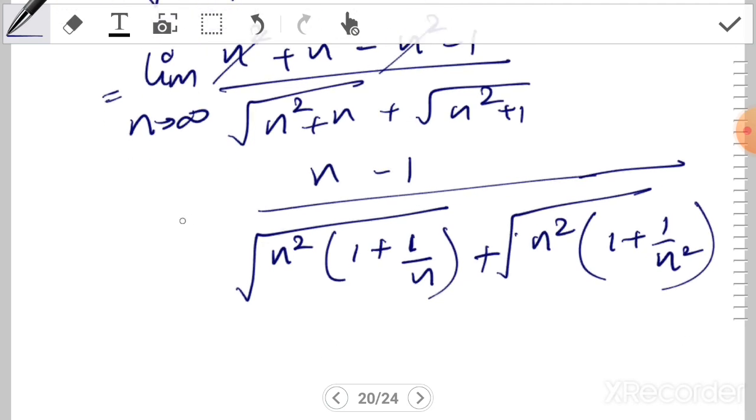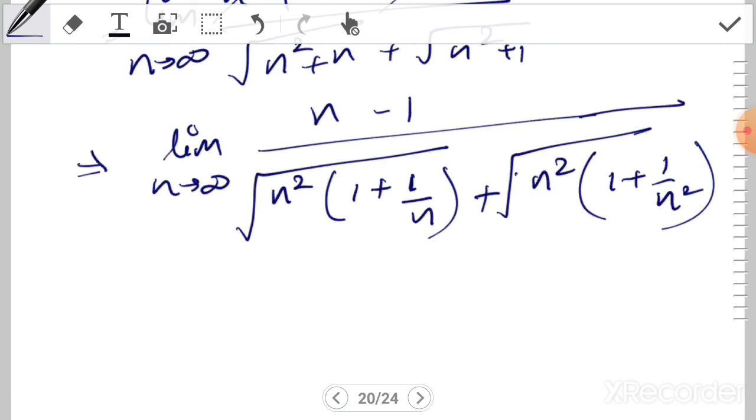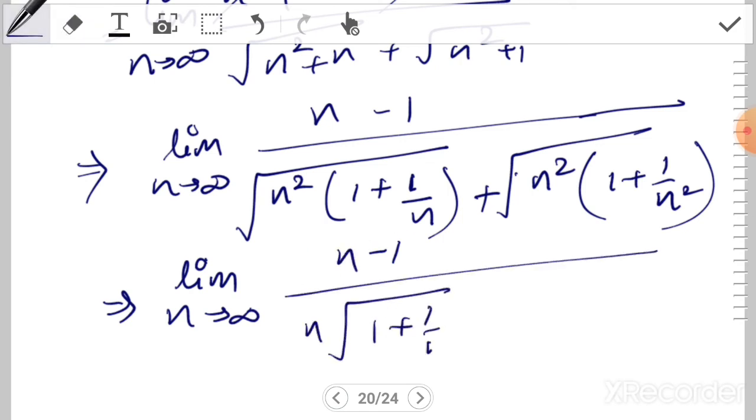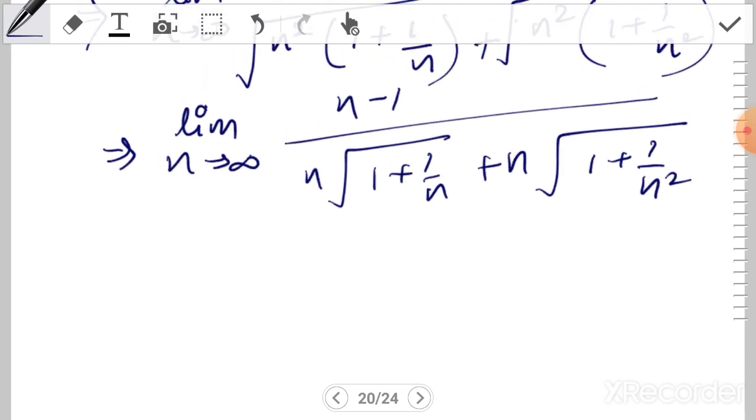Now we can take n out of the square root. So n minus 1 by n root under 1 plus 1 by n, plus n root under 1 plus 1 by n square. Now put the value of infinity.